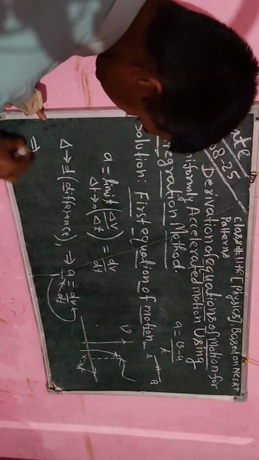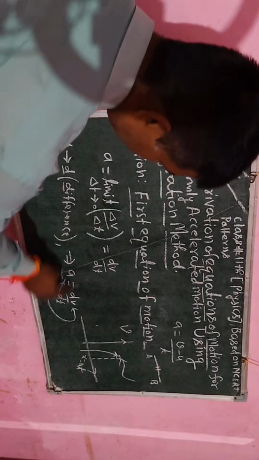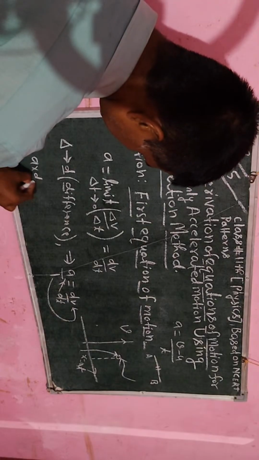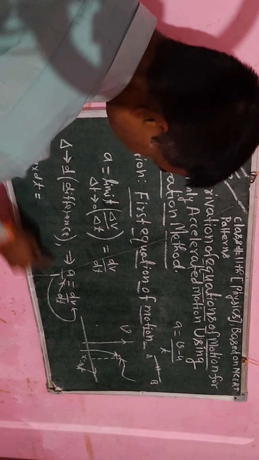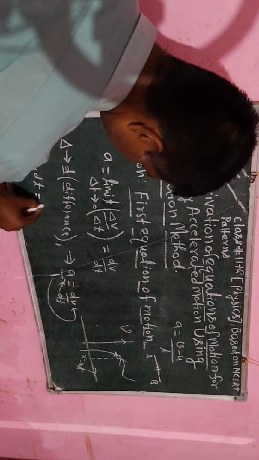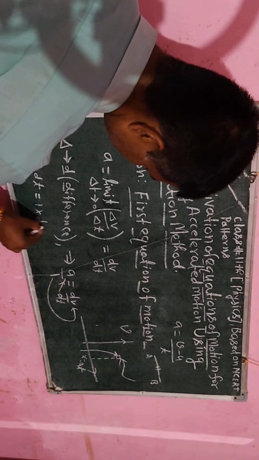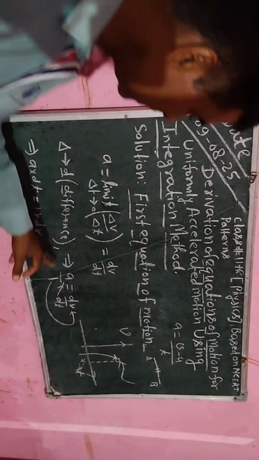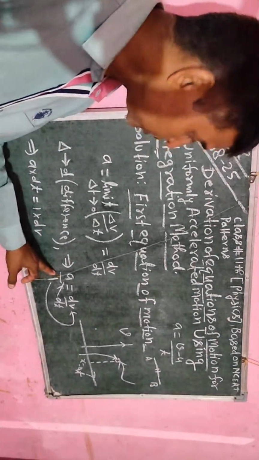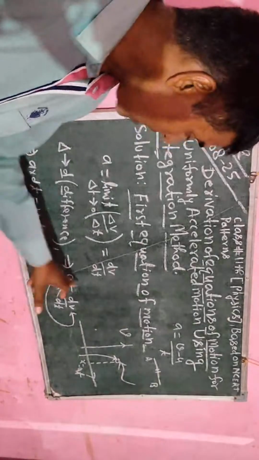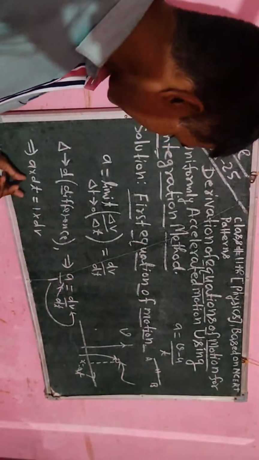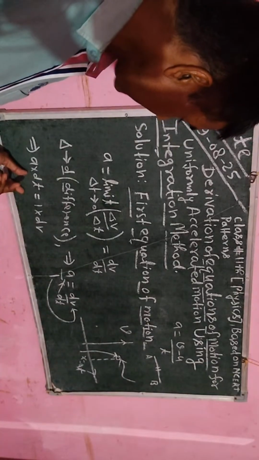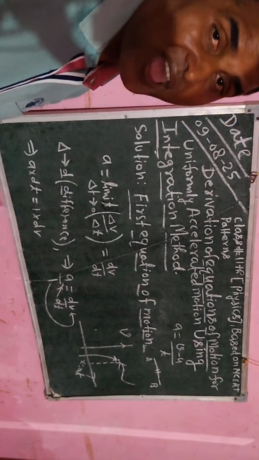So I write a into dt, which is equal to 1 into dv, because I have done cross multiplication. After simplifying, I have got this expression.